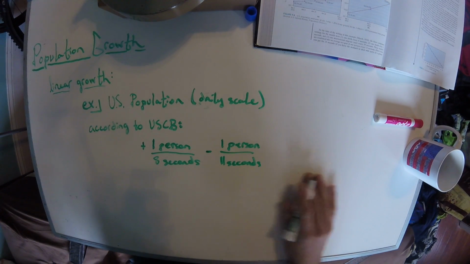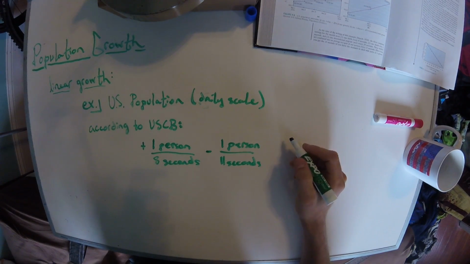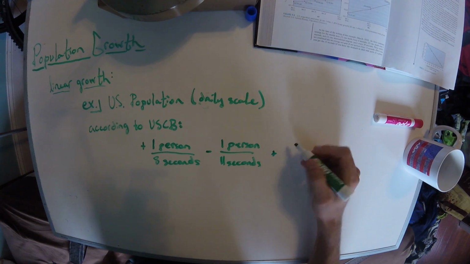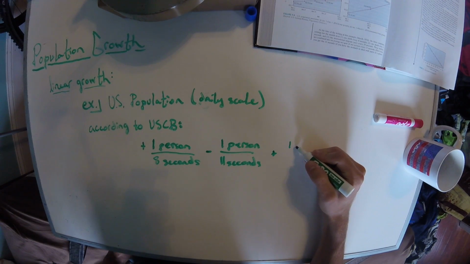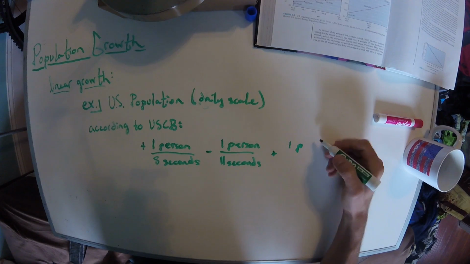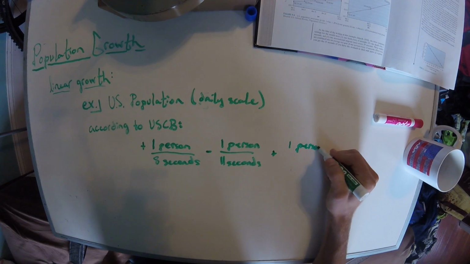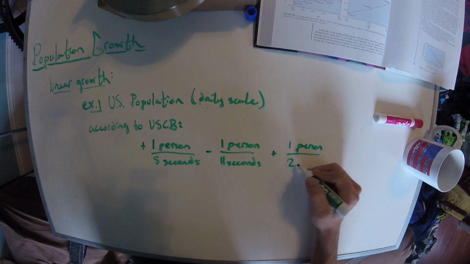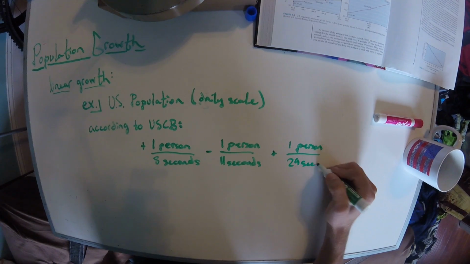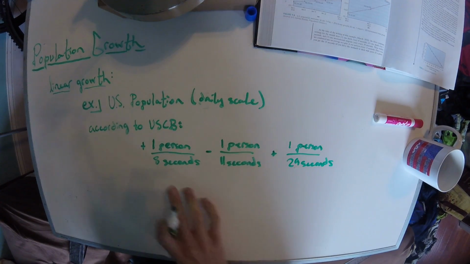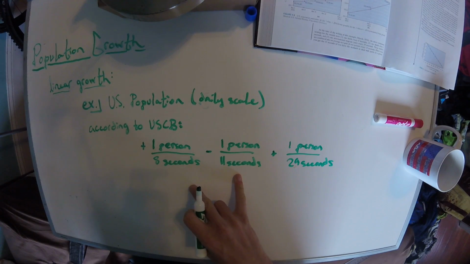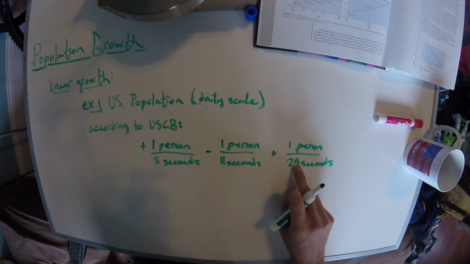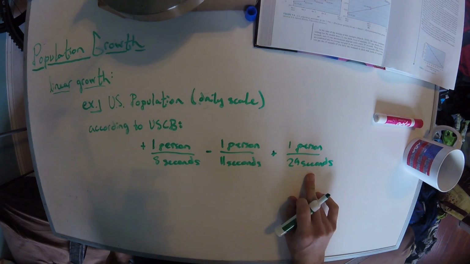And then we have to account for another person who is an international immigrant every 29 seconds. So one person's born every 8 seconds, one person dies every 11 seconds, and one person enters the country every 29 seconds.